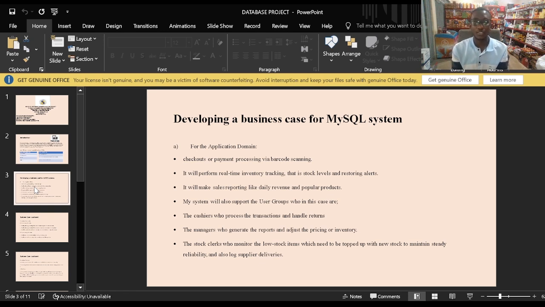So these systems are able to alert us, send us notifications, and update us on the stock remaining, such that we can contact the suppliers and get more stock to counterbalance the stock that has been taken. This system also supports the user groups, who in this case are the cashiers who process the transactions and handle returns.